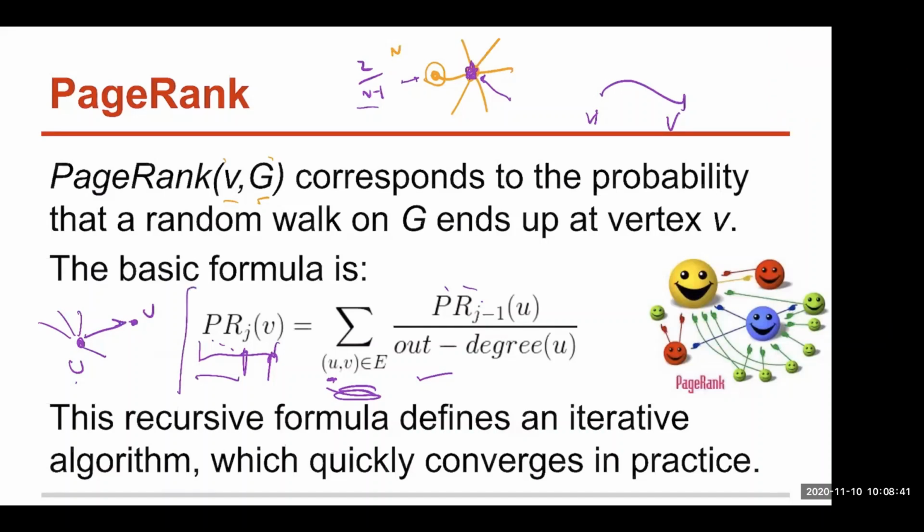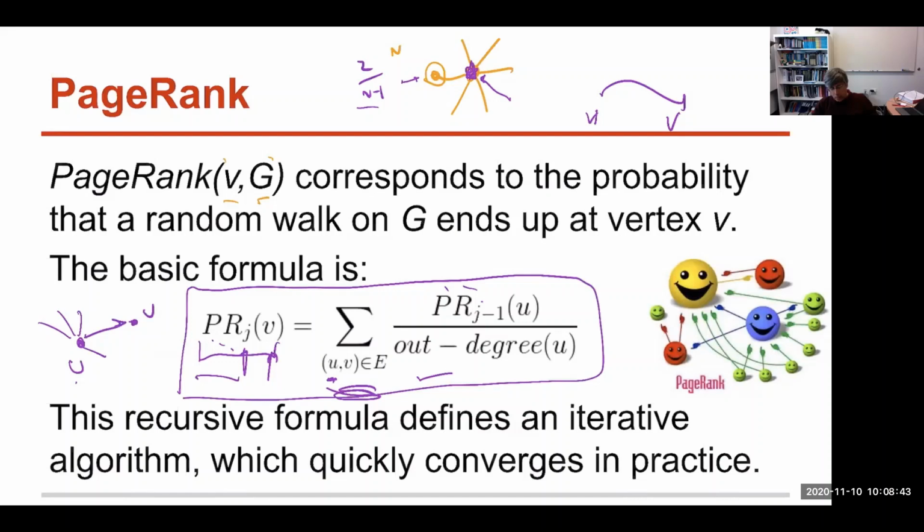Does this formula look like anything that we did so far in class? I want to claim that this formula looks a lot like something that we talked about when we were doing linear algebra. Does anyone remember what that is?